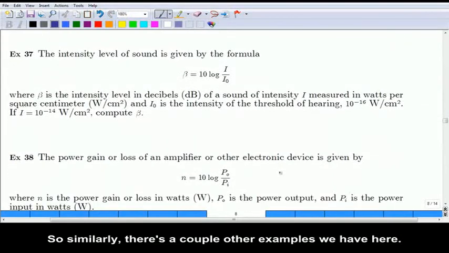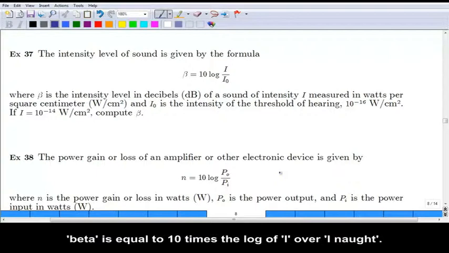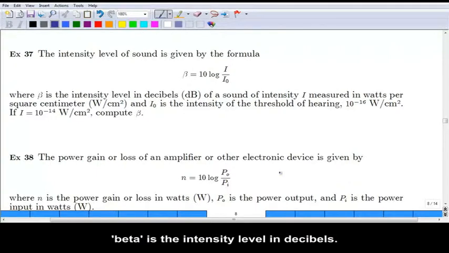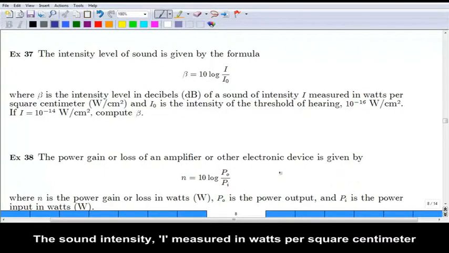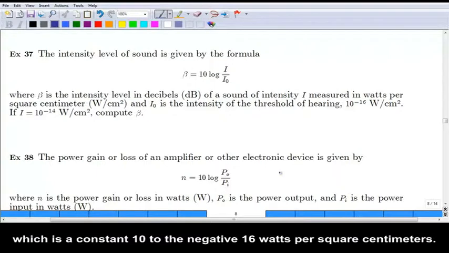So similarly, there's a couple other examples we have here. The intensity level of sound is given by the formula beta is equal to 10 times the log of I over I naught. Beta is the intensity level in decibels. The sound intensity I is measured in watts per square centimeter, and I naught is the intensity threshold of hearing, which is a constant 10 to the negative 16 watts per square centimeter.